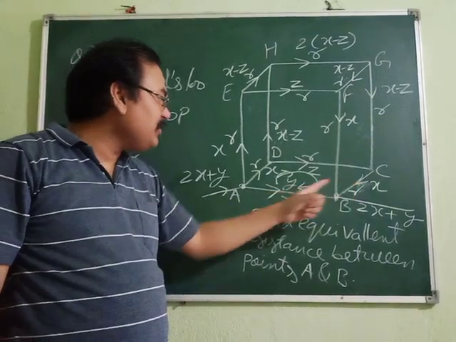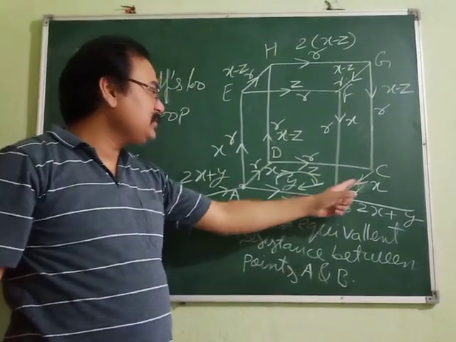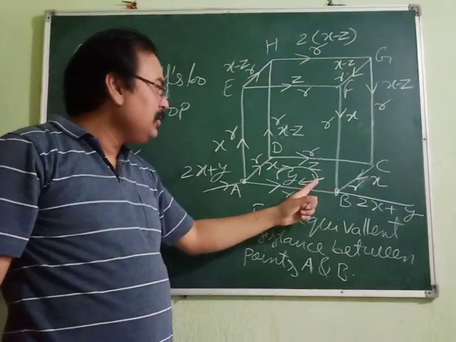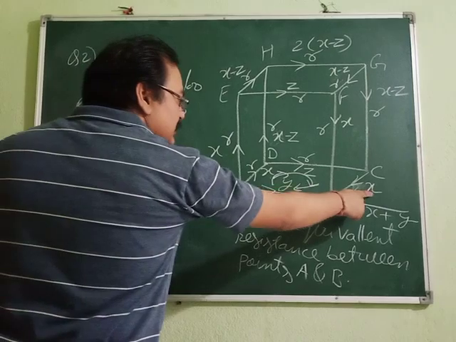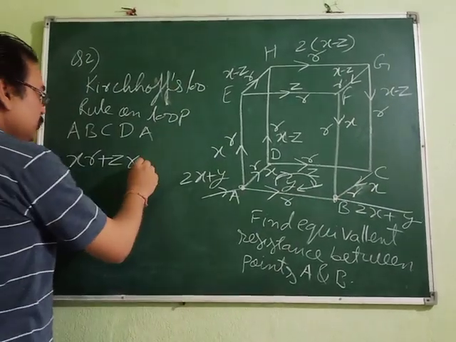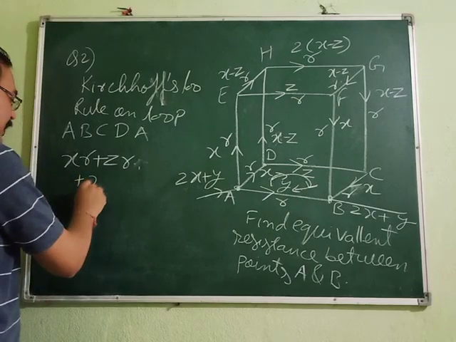So both are in the same direction again, because these two arrows are parallel to each other. So again the potential drop is positive, and that is how much? Current is X, resistance is R. So here I can write XR.